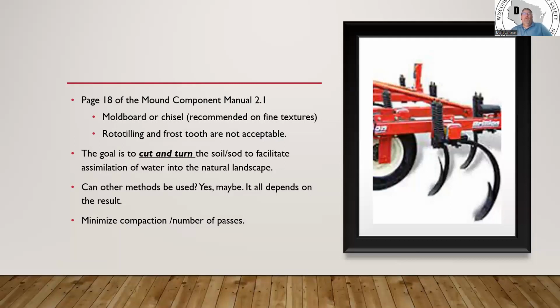And that's the goal of what we're trying to do in plowing: we're trying to not just cut a groove in the sod, but to cut and turn the soil a bit and facilitate assimilation of water into the natural landscape. Now, some other chisel plows will have a little foot on the bottom, like an arrowhead or a spade shape, which is more of a subsoiler to help cut and lift the soil a little bit, break up any kind of compaction.